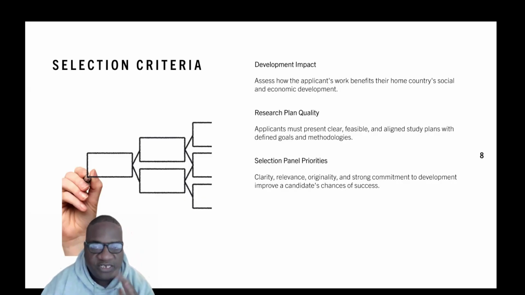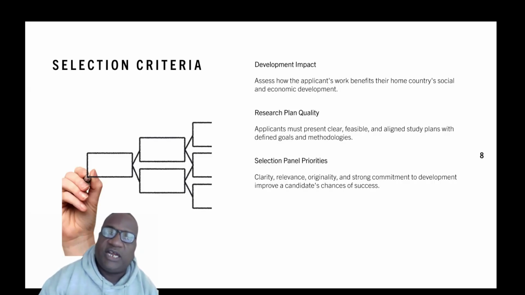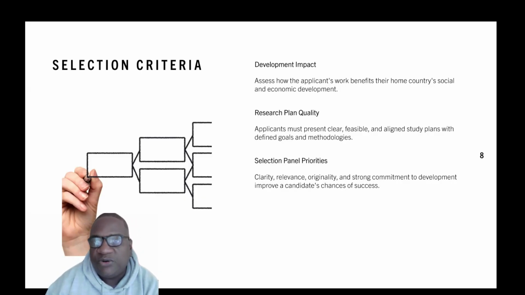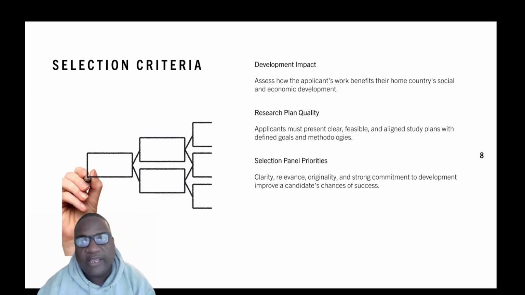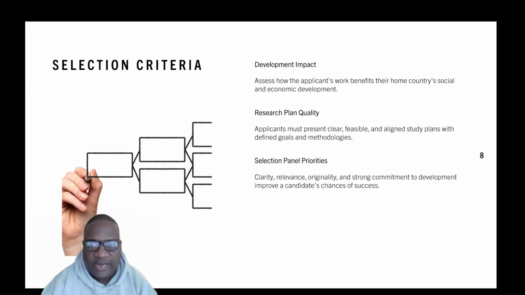It has to be something original, something you're thinking about, because you've already selected a theme. So you've had to think about the theme based on the challenges that your country or your community is facing, and you're using your own judgment to come up with arguments for why you want to study a particular course. And like I've said, your essay must show strong commitment to development. So these will improve your chances of success.